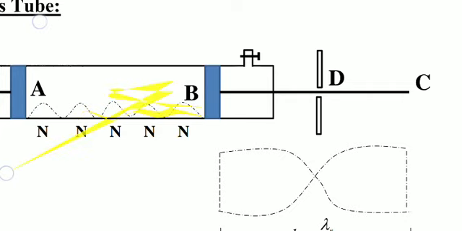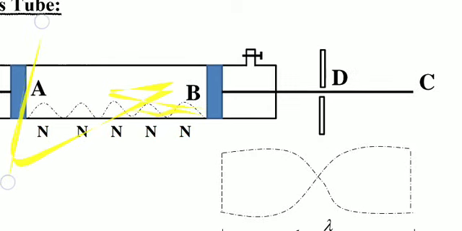Now this can be easily observed by the naked eyes, right? And we can measure the distance between two heaps, and distance between two heaps is nothing but the distance between two nodes, and it is again lambda by 2. So if lambda a is the wavelength of the sound wave in the air medium, remember that lambda r is the wavelength of the sound wave in the material medium.